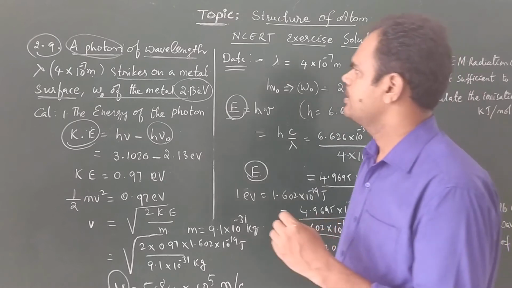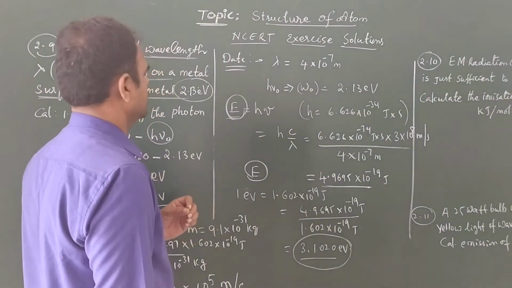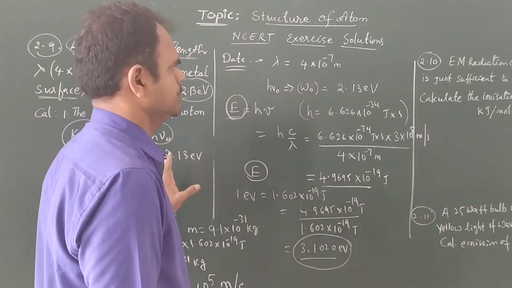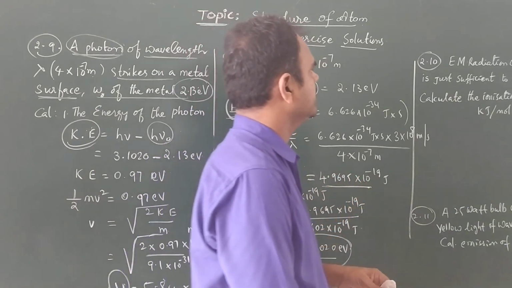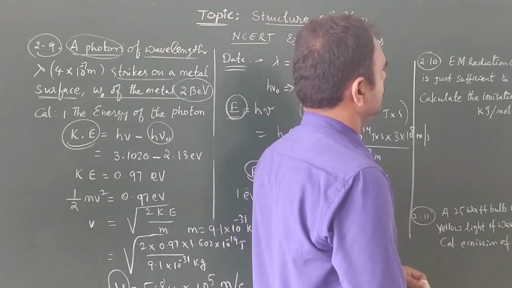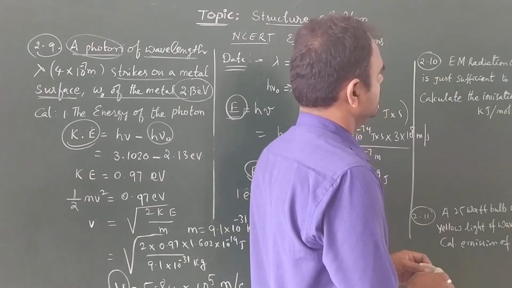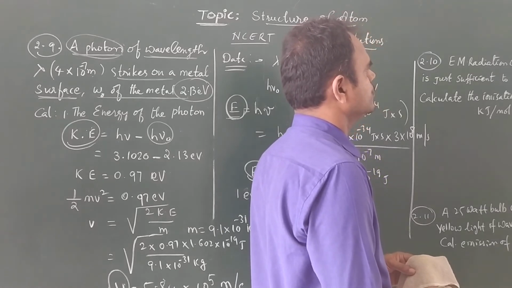Okay, so this is the question of the photon of wavelength. Three things we calculated from this question. After that, the next question is given here. Electromagnetic radiation of wavelength, how much is given? 242 nanometers.